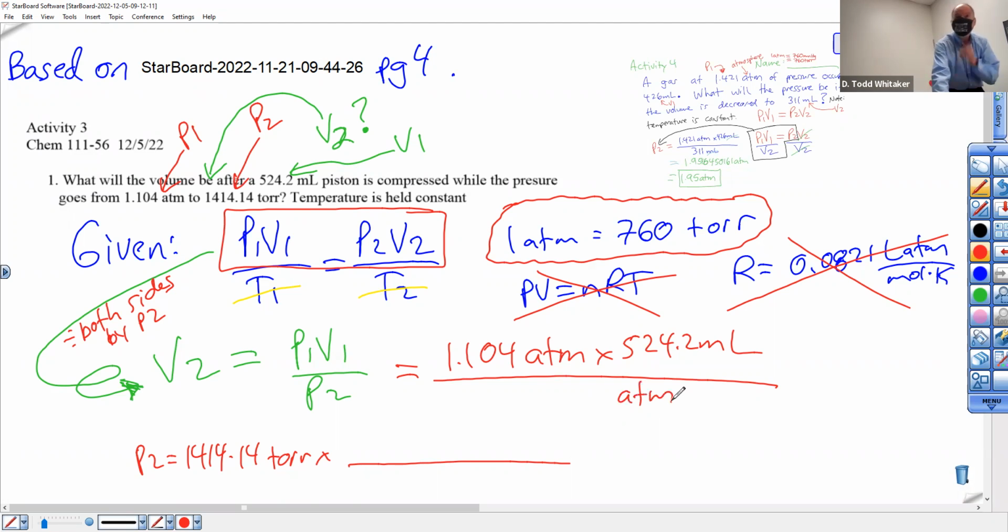So what's your job now? You won't be told on the test either that you have to convert one of those pressures to the other unit. There's no tips for that, okay? So what am I going to do to torr to make it into ATM? Convert it. I like the word you just used there. 1 ATM, 760 torr. Almost 2.